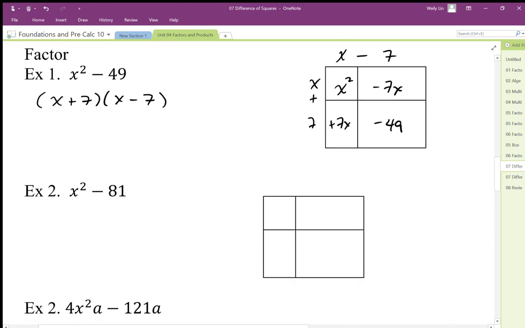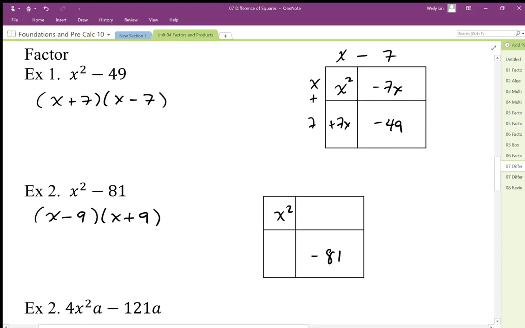So if we recognize these as difference of squares, we can go ahead and write them as the square root. So x minus 9, x plus 9. And we can confirm this in our area model. We have our square, and we have our square here.